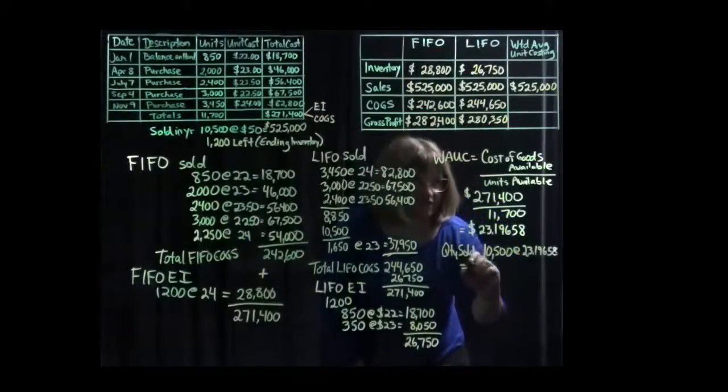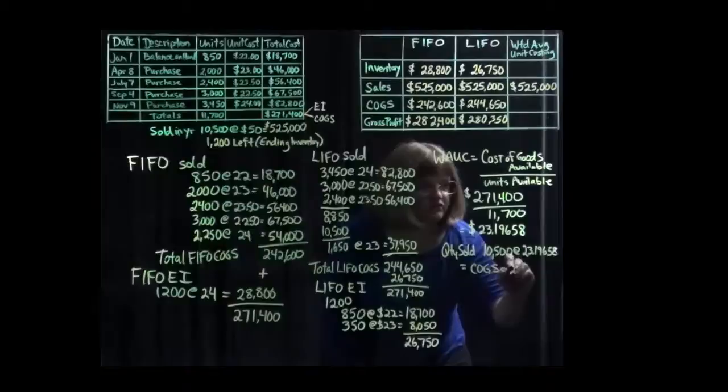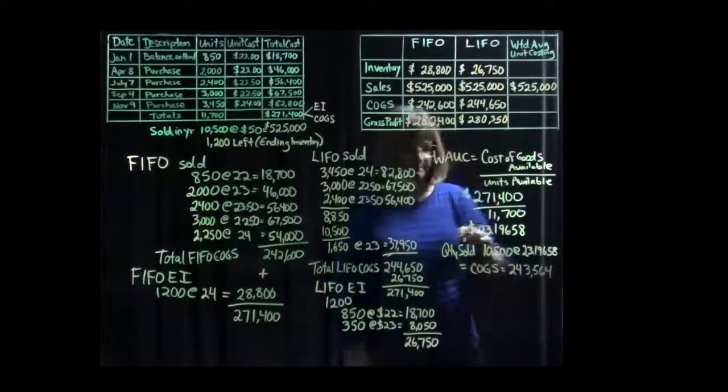That's going to give us a cost of goods sold using weighted average unit costing of $243,564.